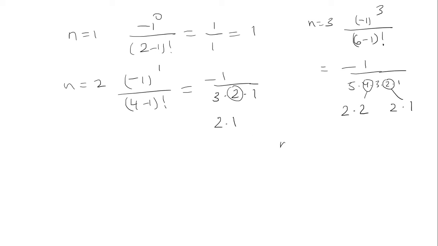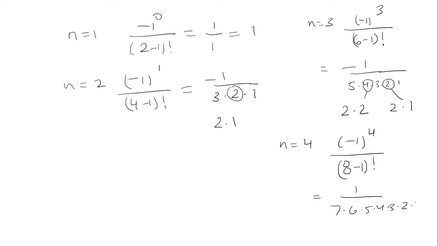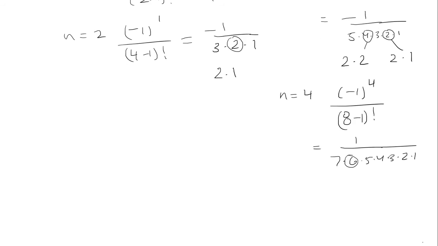What if I go n equals 4? I have negative 1 to the third, to the fourth now, over 2 times 4 is 8 minus 1 factorial. So this is 1 over 7 factorial. But I want to eliminate the even numbers. So this 6 can be rewritten as 2 times 3.